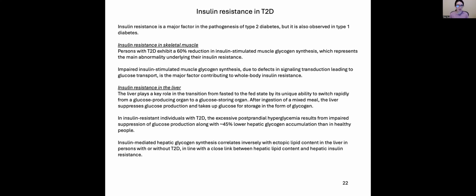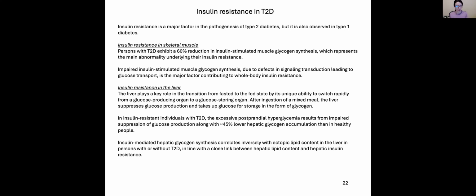And this impaired insulin-stimulated muscle glycogen synthesis is due to the defect in the signal transduction pathway for glucose transport that we talked about. GLUT4 has to be present on the skeletal muscle cell membrane to be able to take in glucose from the circulation.